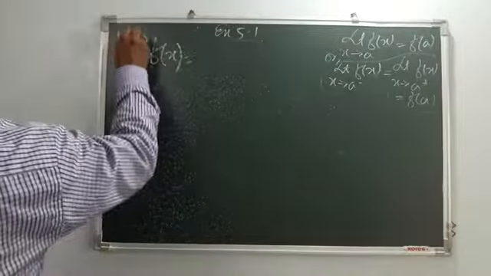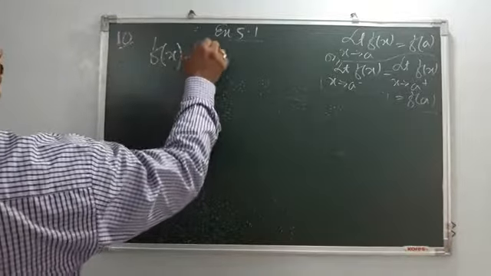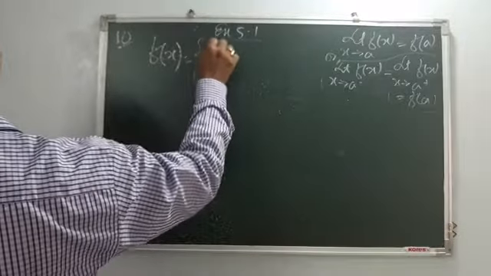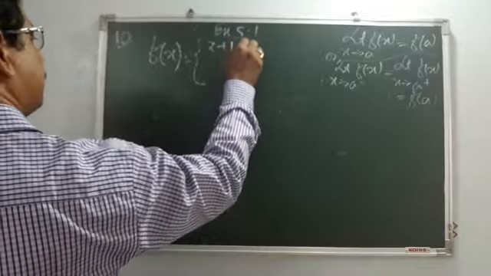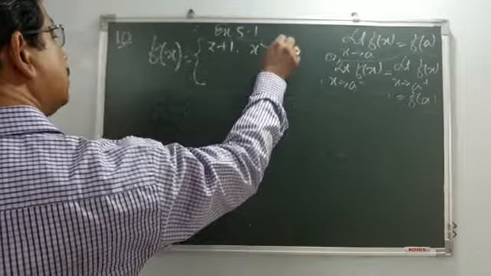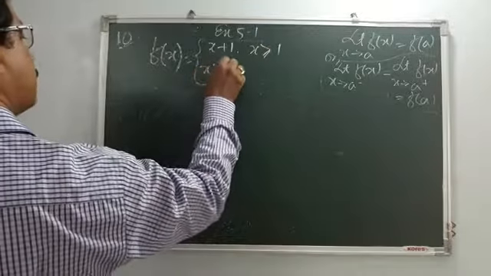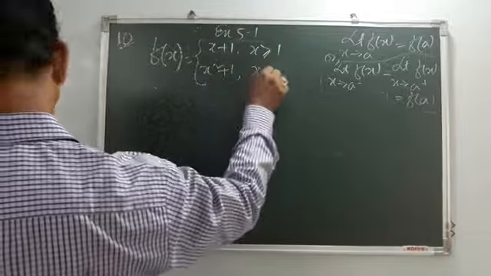So question number 10: f(x) has two values. One is x plus 1 if x is greater than or equal to 1, and x square plus 1 if x is less than 1.